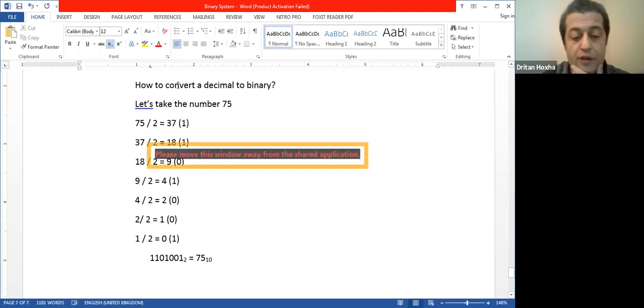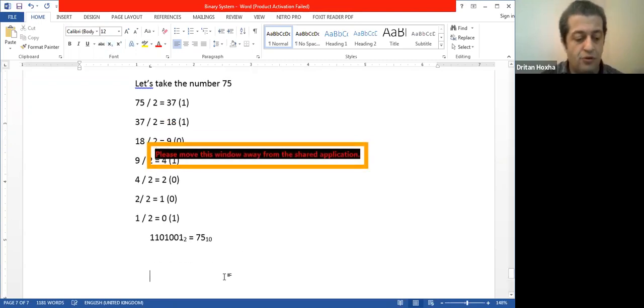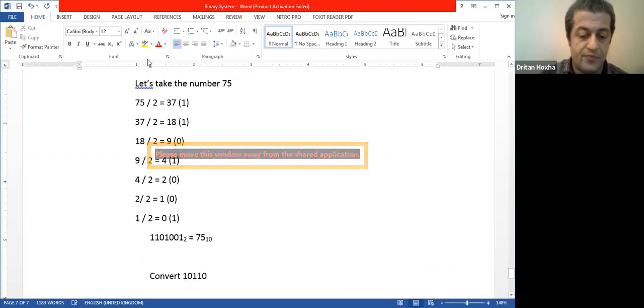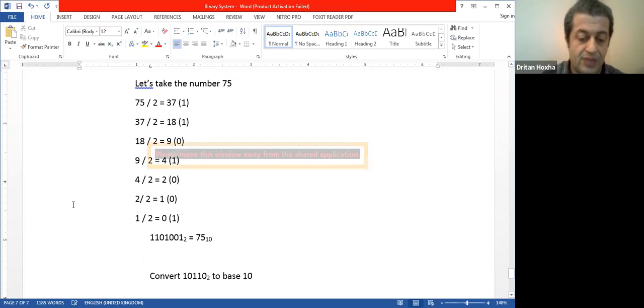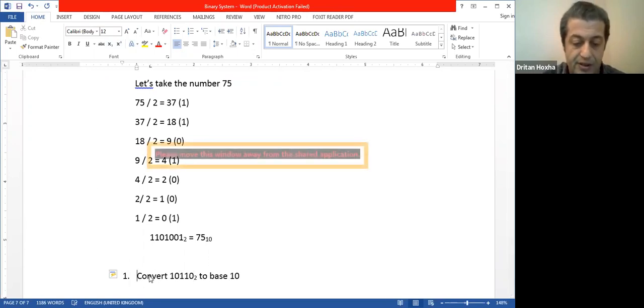Could you solve an example, please? I'm giving you 2 exercises. One exercise is to convert the number 101110 at base 2 to base 10. This is the first exercise you have to solve.